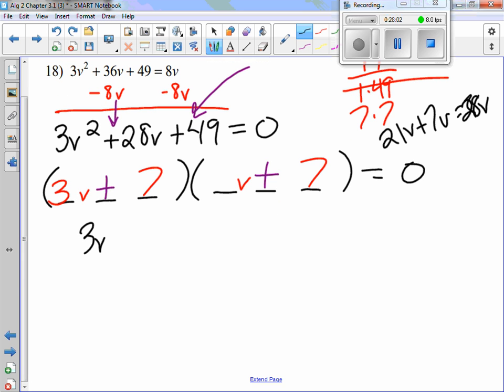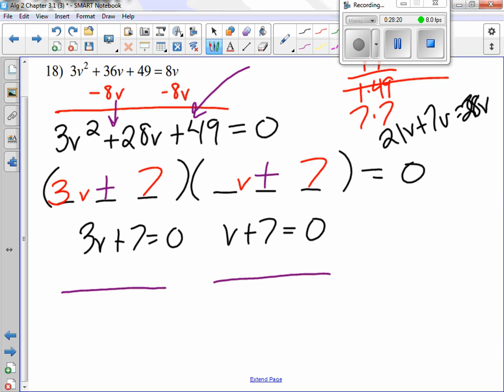So we have 3v plus 7 equals 0, and we have v plus 7 is equal to 0. Because again, our zero product property tells us that because we have two things multiplied together that equal 0, one of them has to be 0. And we can solve.